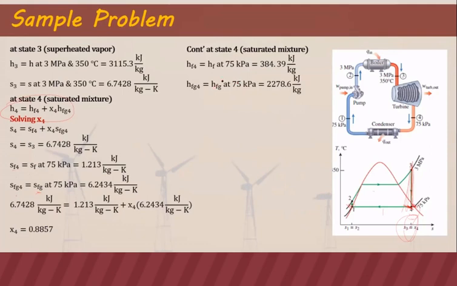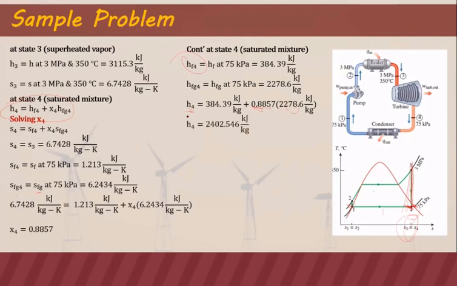HFG4 is the HFG at 75 kPa. That's 2278.6 kilojoules per kilogram. HFG is basically the latent heat of vaporization or condensation, which can also be found in your steam table. Then our H4 is just equal to HF4 plus X4 times HFG4.